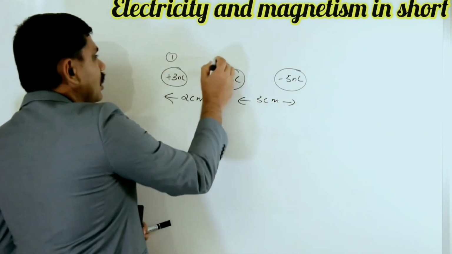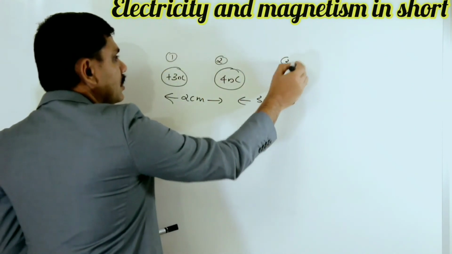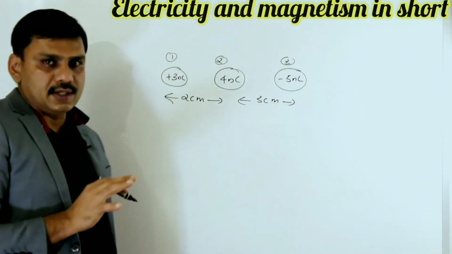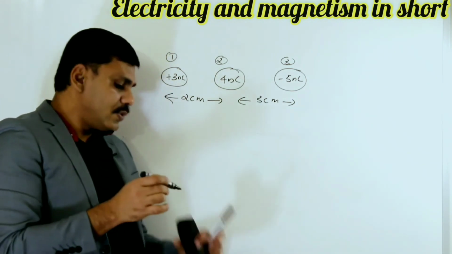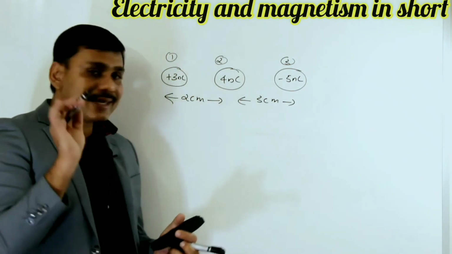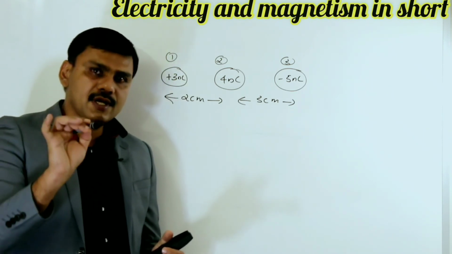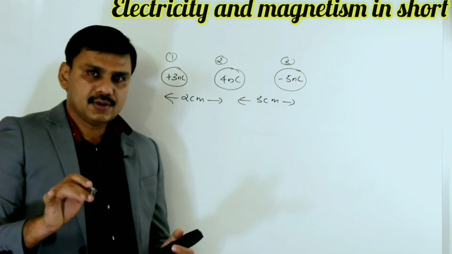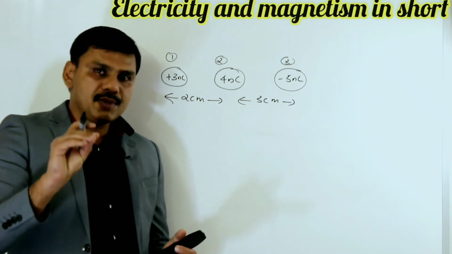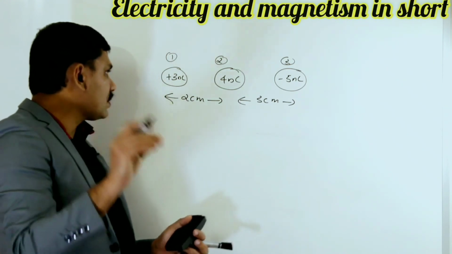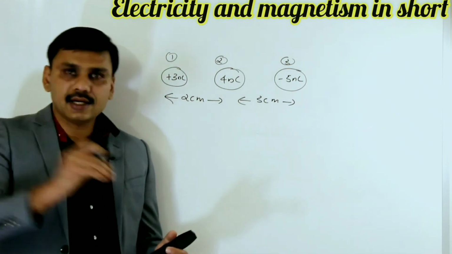This is the first charge, this is the second charge, this is the third charge. Here I am calculating the force experienced by the second charge, by the first and the third charge. So the second charge is experiencing a force from the first charge and third charge.